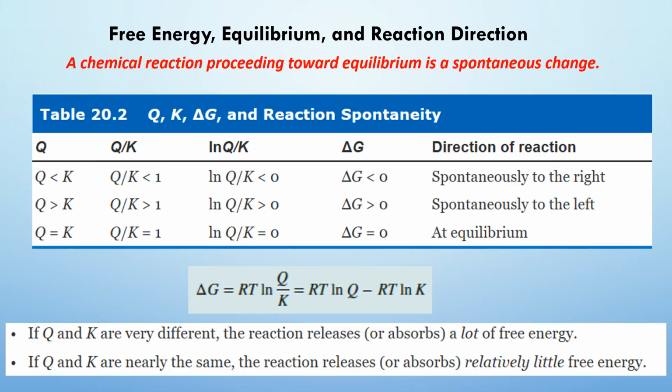In chapter 20.3, we learned that for delta G, the change of free energy of the reaction, if it's greater than 0, we said it is non-spontaneous. If it's less than 0, we said it is spontaneous. The spontaneous is in terms of a chemical reaction.